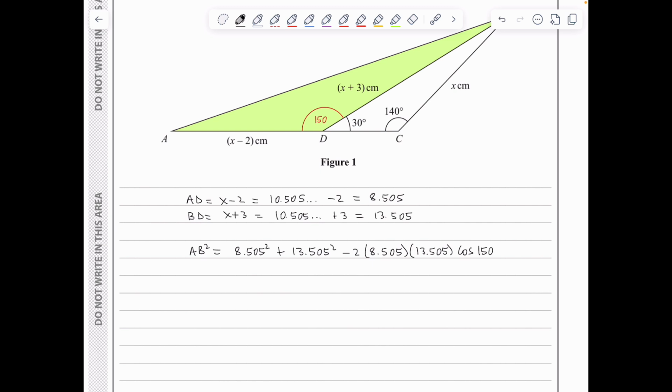Well, if I plug this on the calculator, I get that AB squared is 453.6727... And therefore, if I proceed by taking the square root, we get that AB is 21.3 centimeters to 3 significant figures.